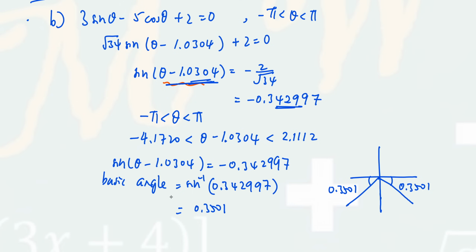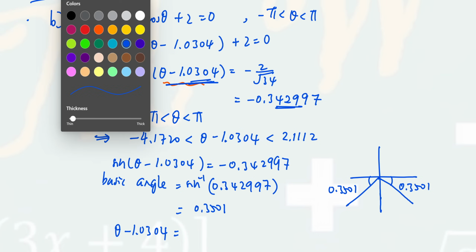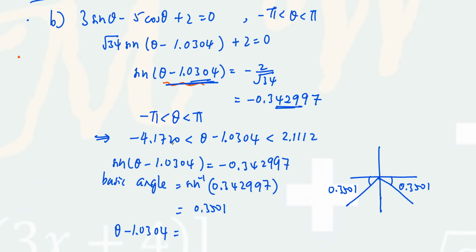Okay, then now my theta minus 1.0304. Now look at this interval. Your interval will be from negative 4.1720 until 2.1112. Which means now here, my angle, I can accept negative value. So that is my first value.